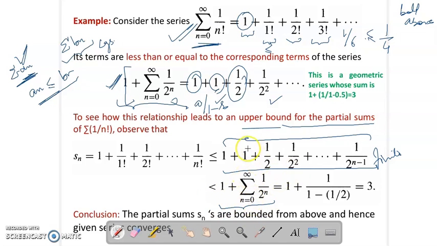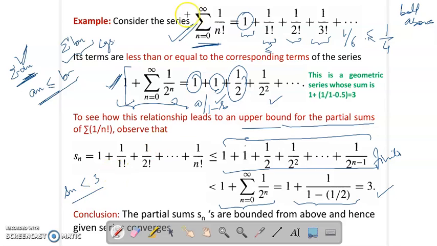Here n was going from 1 to n minus 1, but now we are saying this is strictly less than 1 plus summation n going from 0 to infinity, and this sum is equal to this number 3. Now Sn is less than or equal to this number, which is strictly less than 3, so we can say that Sn is bounded from above by 3.